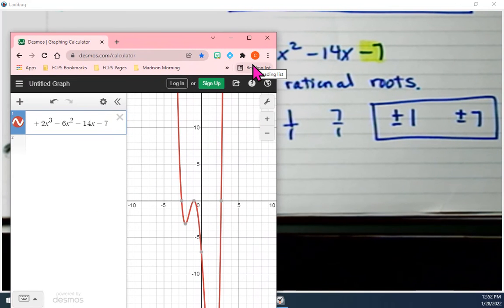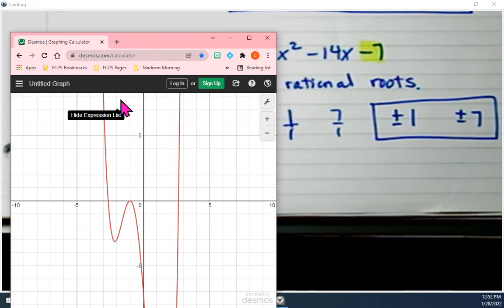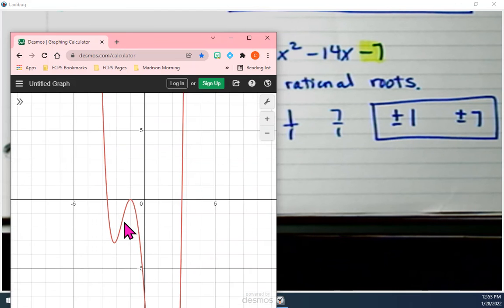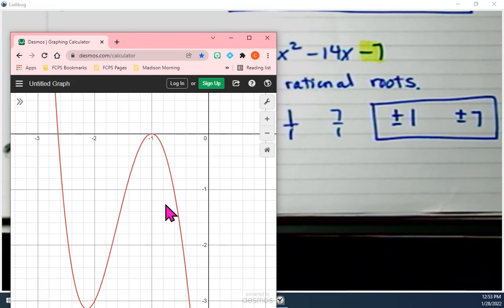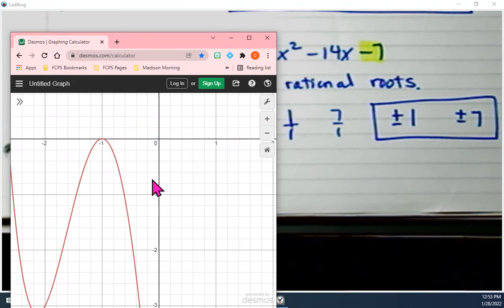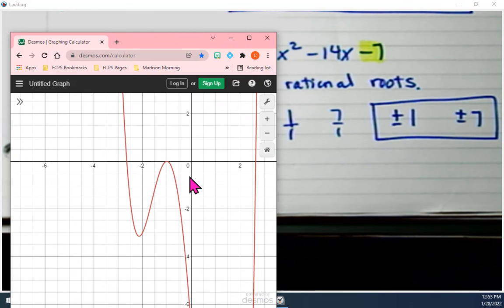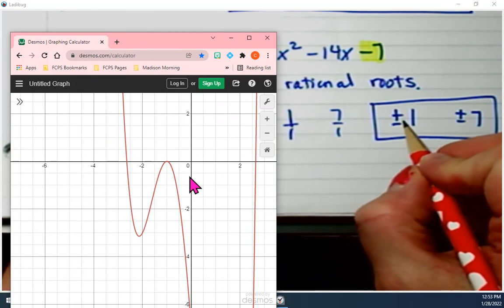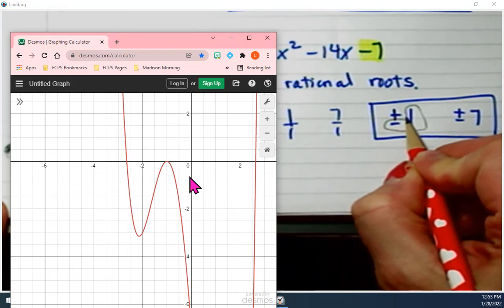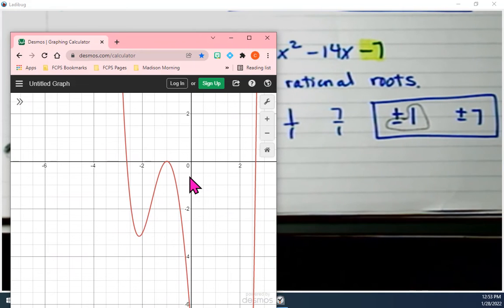Based on this picture, which answers might you think are actually solutions? -1? Based on this graph, which one of these possible solutions actually looks like it might work? Just -1.